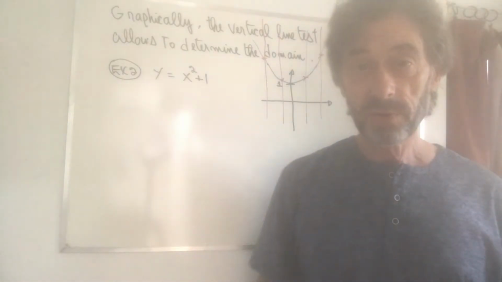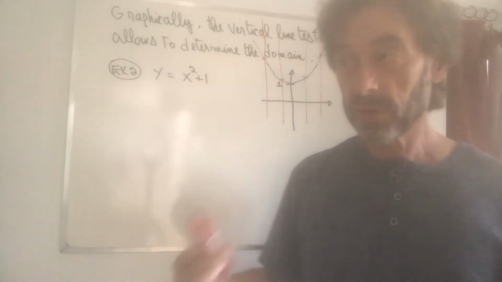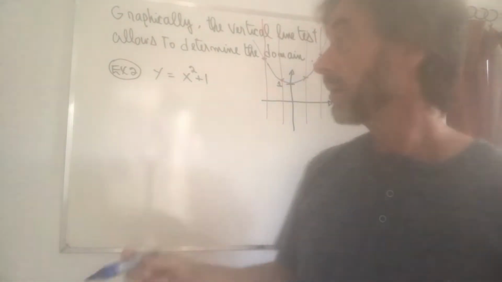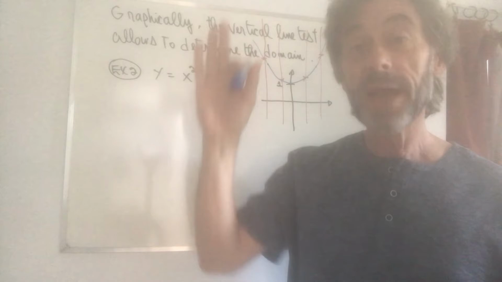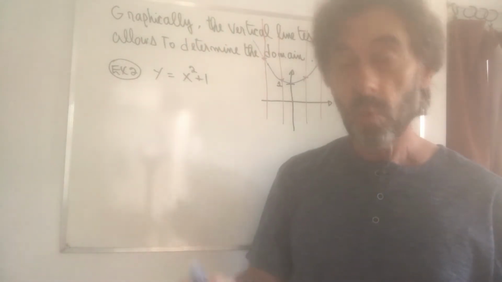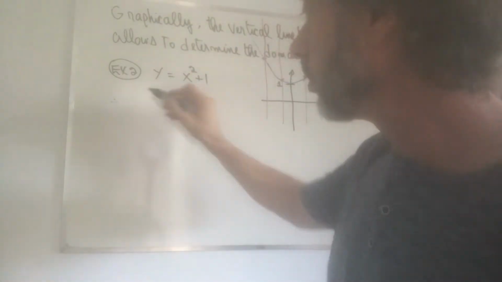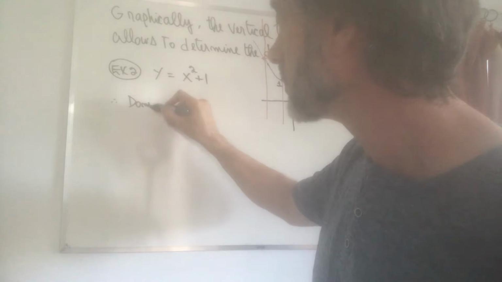Every time I draw a vertical line, I actually hit the graph of f of x. That determines that the domain of this function is everything, right? There is no place where I can draw a vertical line where I'm not going to cut the graph. So I can actually say that, again, the domain of this function is R.